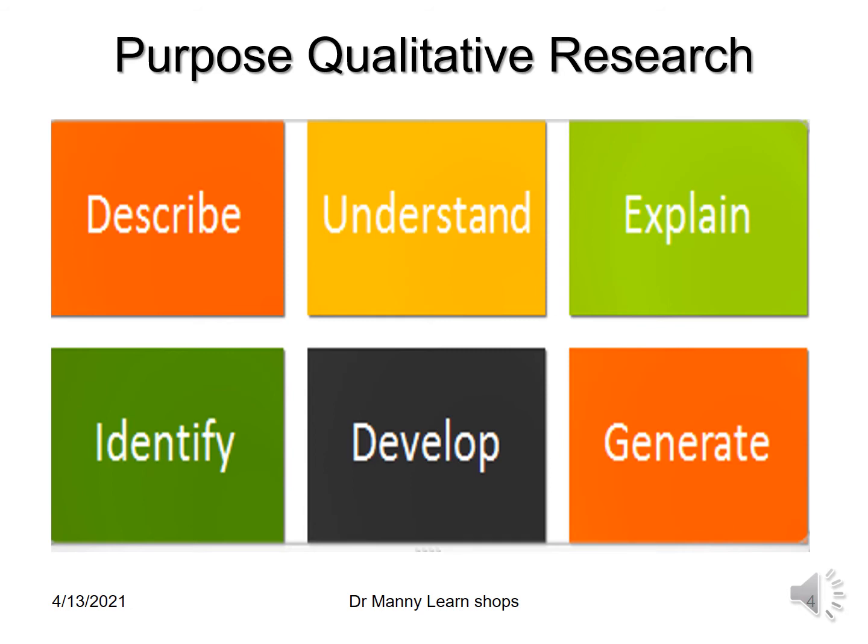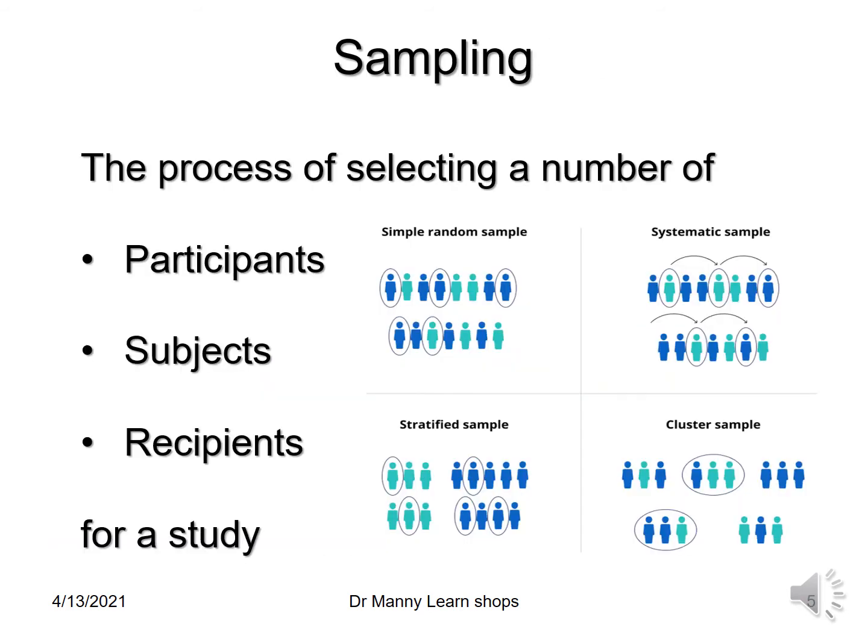It's also to identify certain issues and possibly generate a theory or a hypothesis. So when it comes to sampling, sampling essentially is the process of selecting a number of participants, subjects, recipients that are going to be involved in the study.